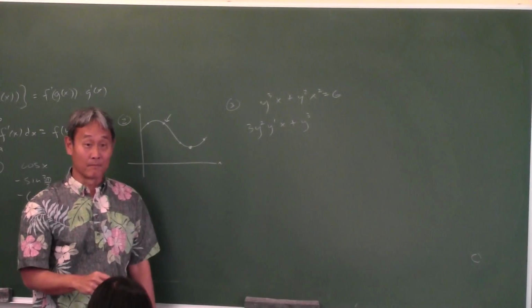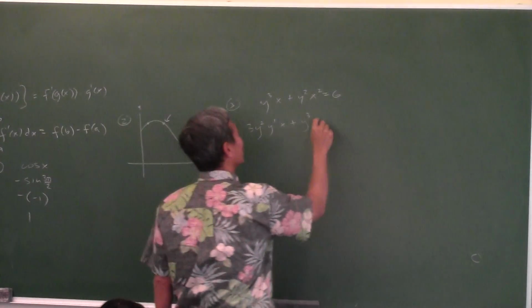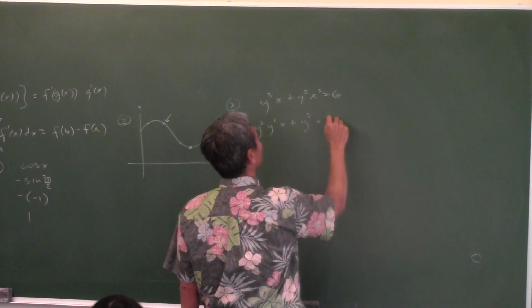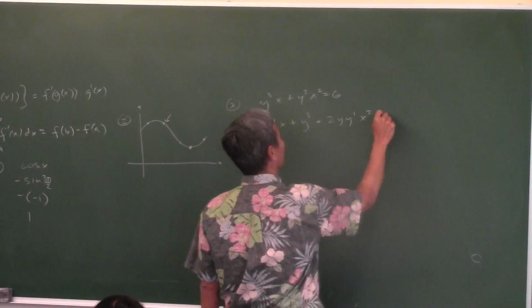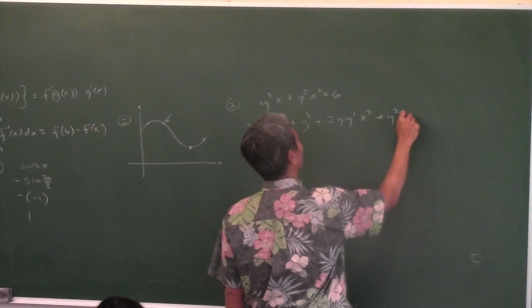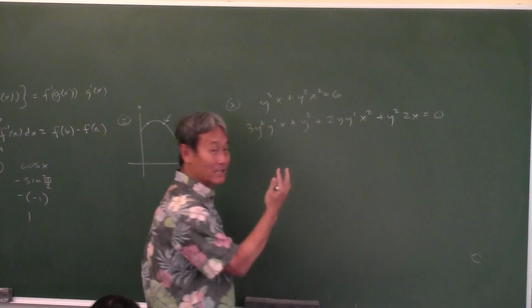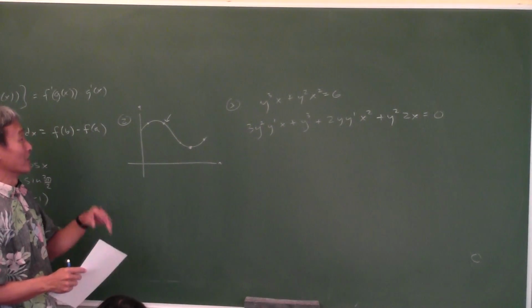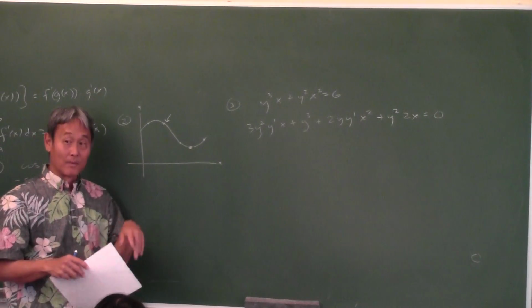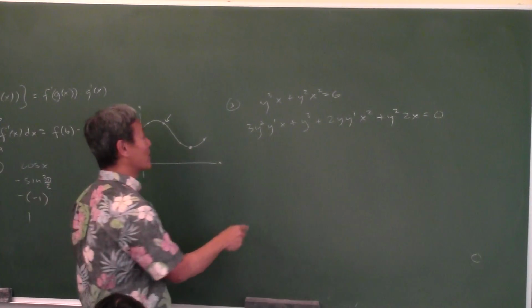But what is x prime? One. The derivative of x is 1. Plus 2y y prime x squared plus y squared times 2x equals 0. Good, because that's the key step when you do implicit. Just remember, when you do implicit differentiation, the derivative of x is 1, but the derivative of y is dy/dx, or y prime. And then you need to solve for y prime.